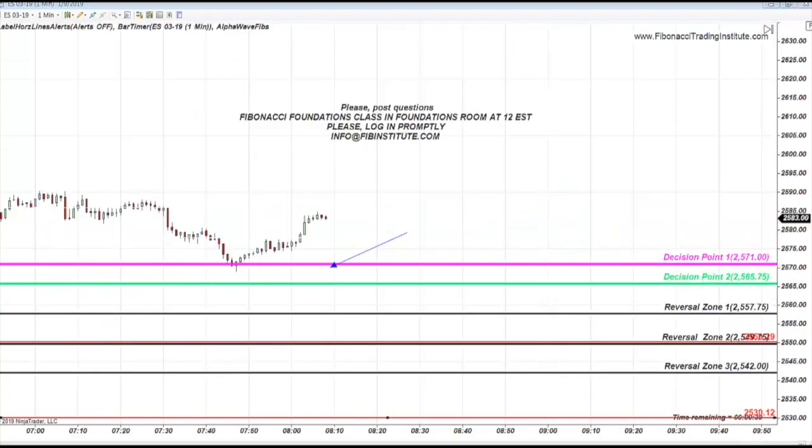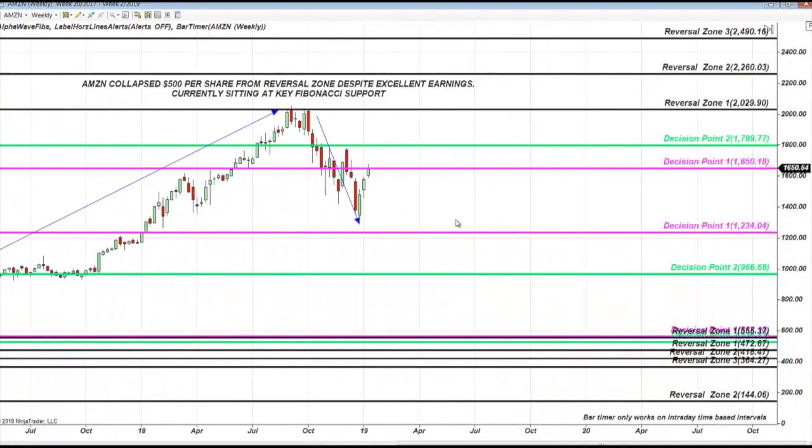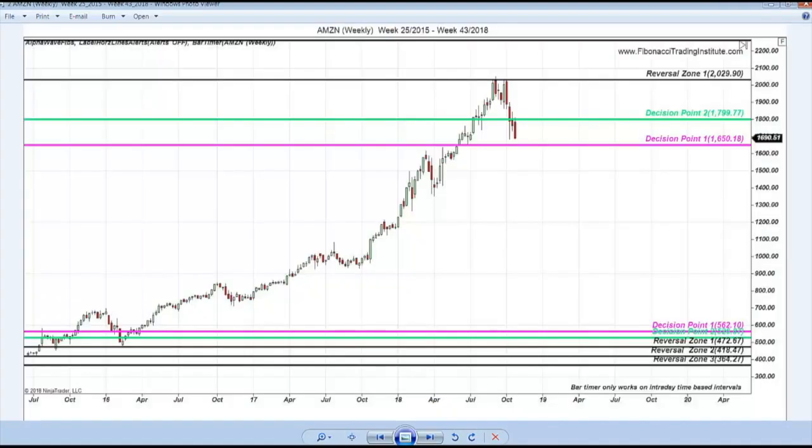So this is a bounce on S&P an hour later as we expected, and this is a bounce on Amazon. Just like the 91 area on Apple, this is Amazon. Absolutely no surprise, and this is Amazon in the fall. Do you remember this? Selling off from the reversal zone as expected. Spectacular earnings don't mean a thing.